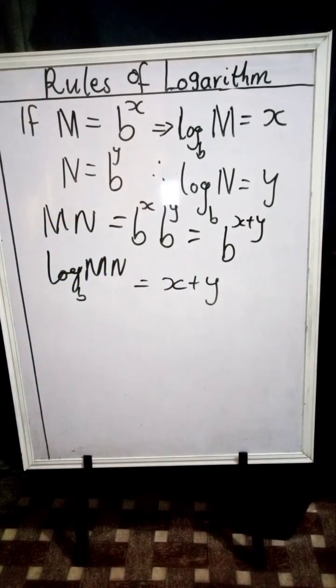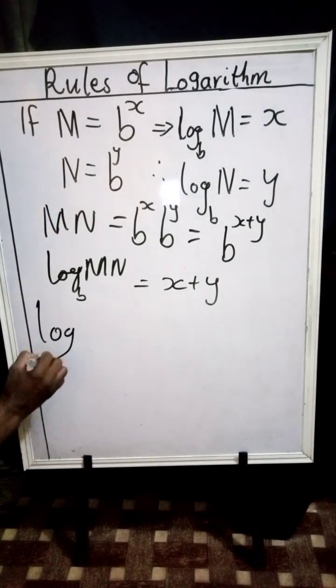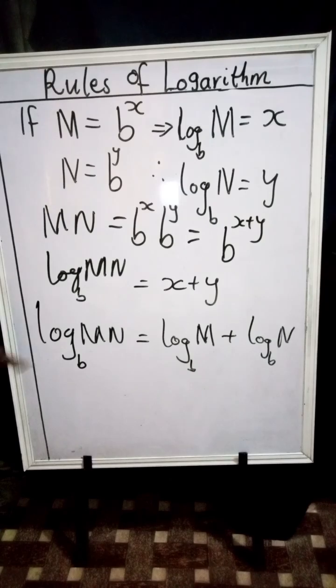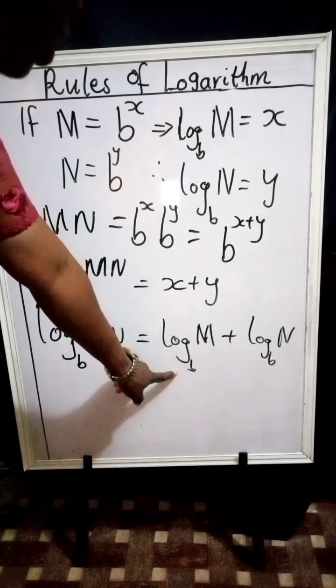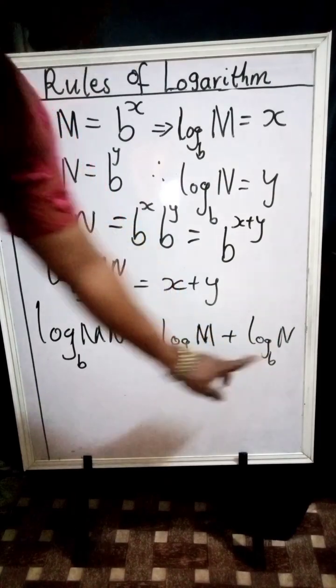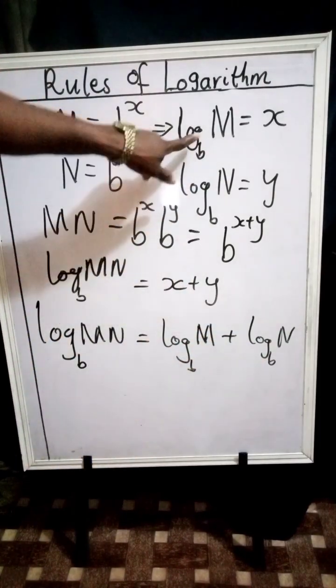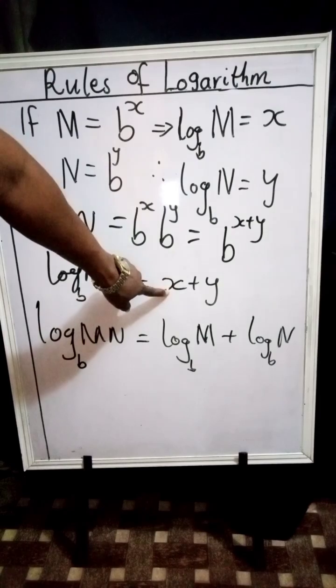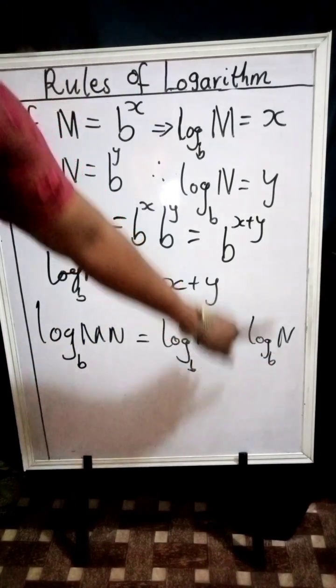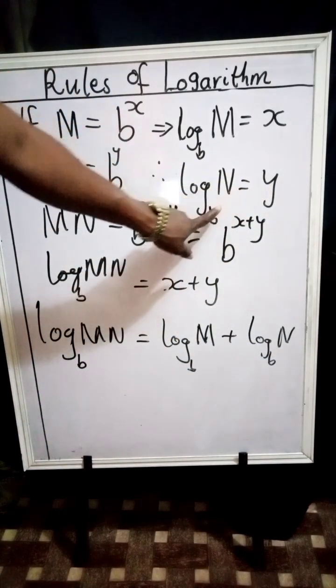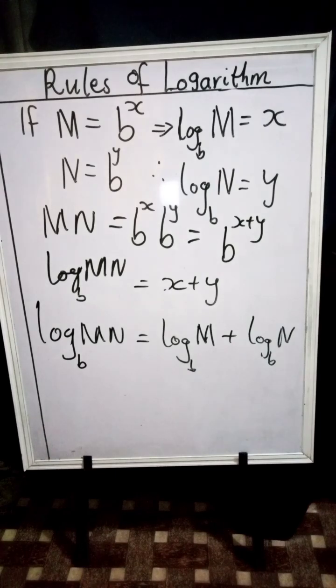This now lands us at the first rule of logarithm, where we say that log mn base b is equal to log m base b plus log n base b, since log m base b is equal to x, which is this, and log n base b is equal to y, which is this. I hope this is understandable. So this is the first rule of logarithm.